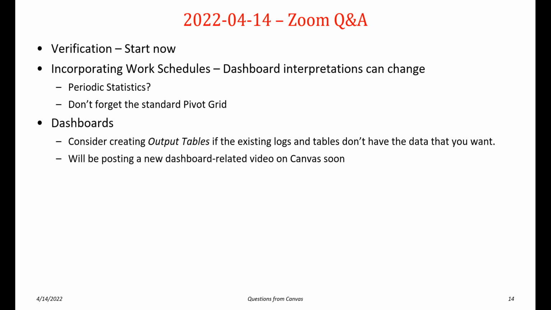With an output table in Simio, you can write rows as the model's running, so you could create an output table that has whatever data you'd like to capture in a dashboard, and then extract that information after the run. So again, don't forget about that capability.